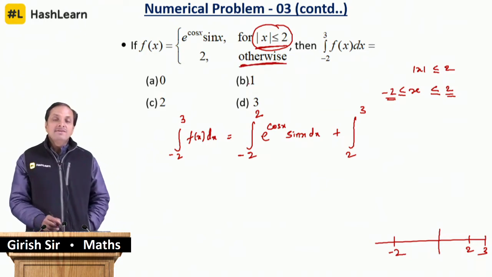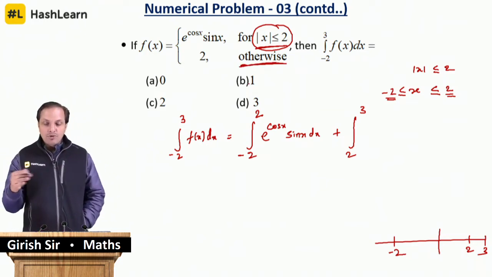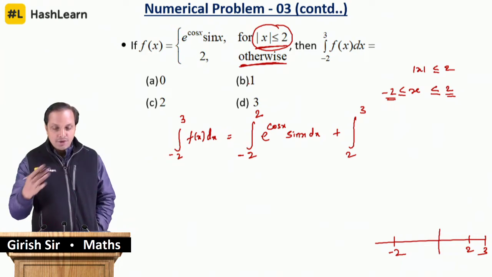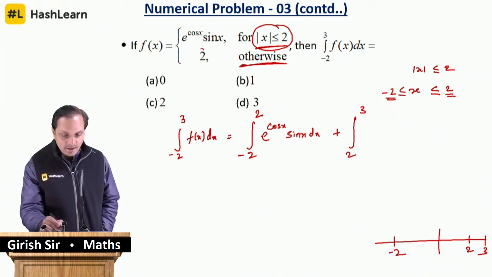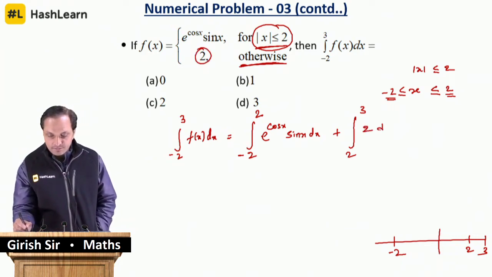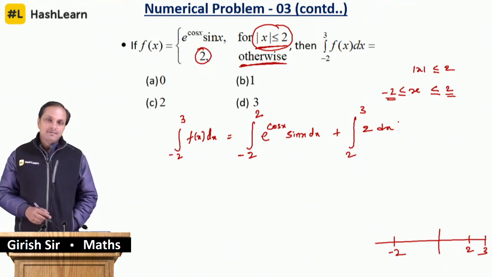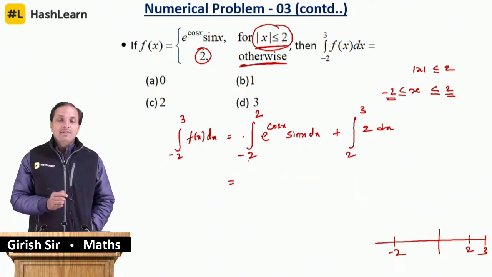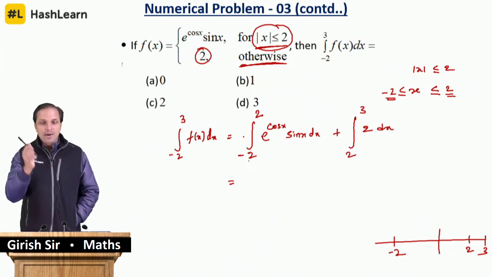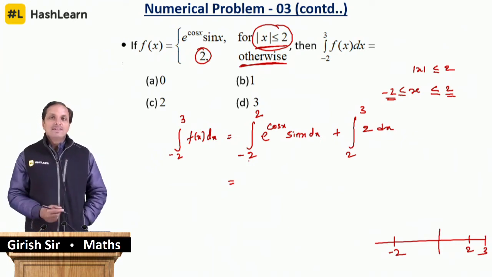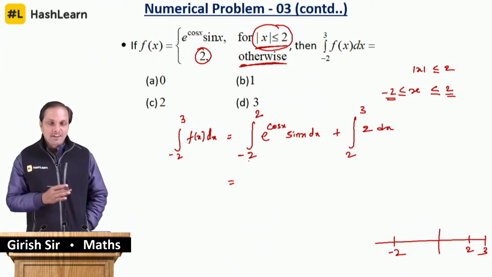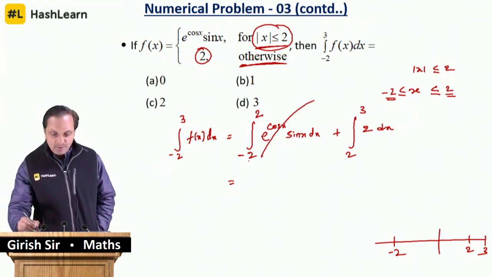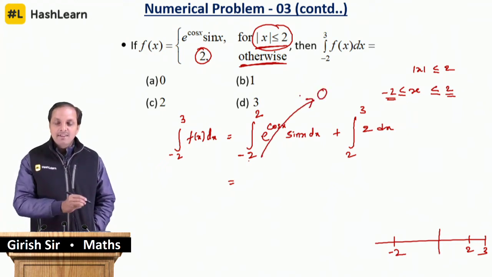otherwise means apart from -2 to 2, whatever the function is, you need to take the function as 2. That is what he is saying. Chalo, you know that simple rule, whenever there is a limit from -a to +a, verify whether the function is even or odd. So we can say sin x is an odd function, therefore -2 to +2 will be 0.